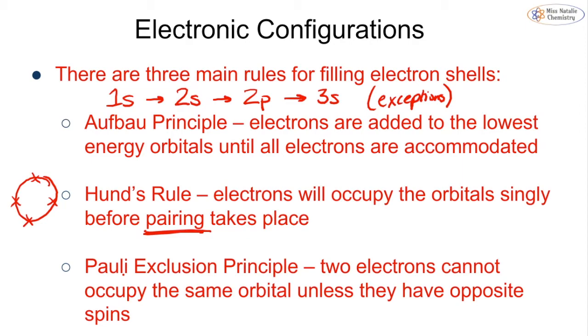Basically, when we put the electrons in, we will have one pointing up because it spins in a clockwise direction, and then one pointing down because it spins in an anti-clockwise direction. You're not required to go into a lot of detail about this. What you need to do is make sure that you have one arrow pointing up and one arrow pointing down.